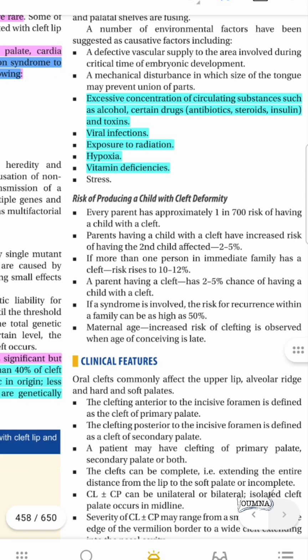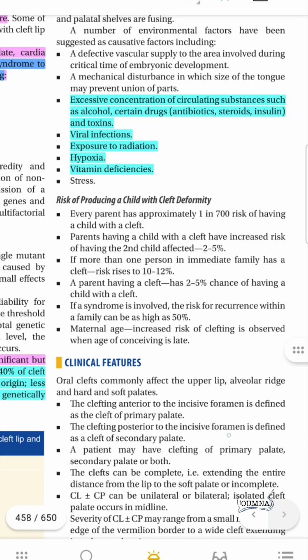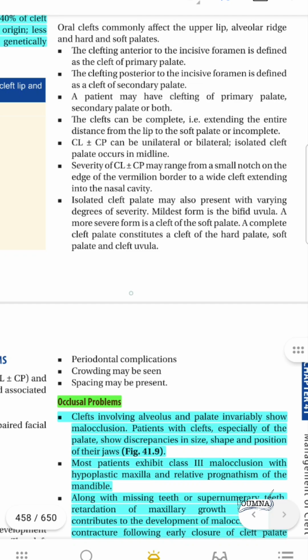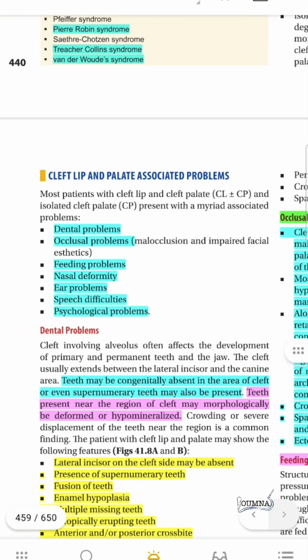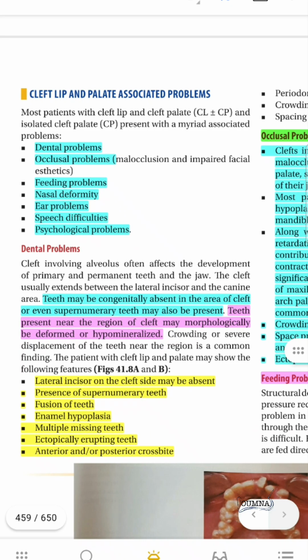Viral infections, exposure to radiation, and vitamin deficiencies may contribute to the cleft palate formation. Now, what are the associated problems?